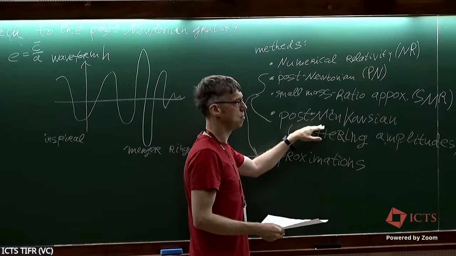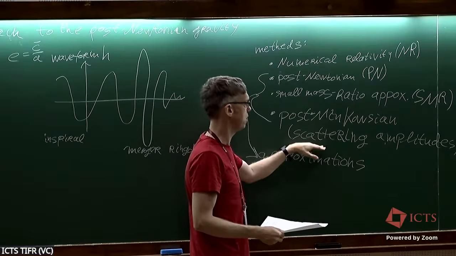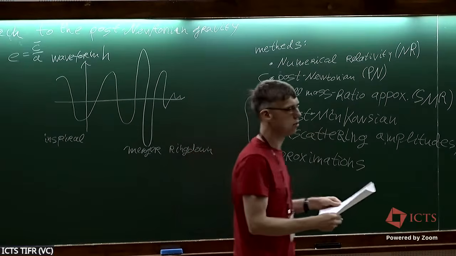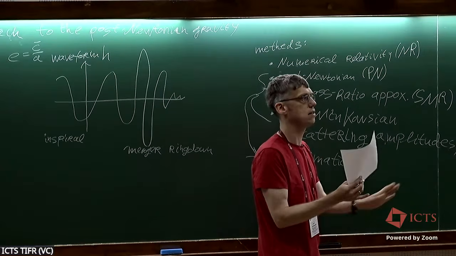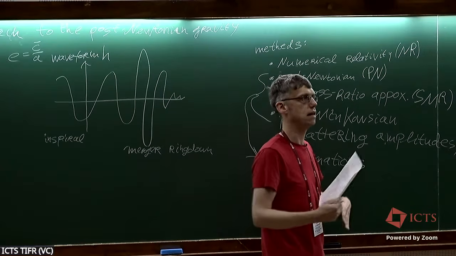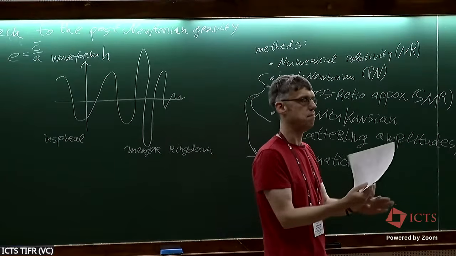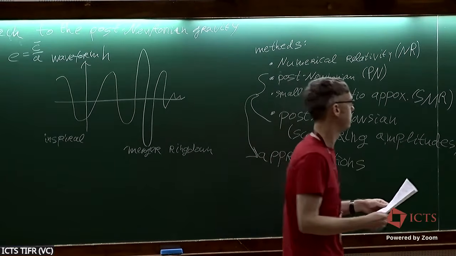But there usually one applies this post-Minkowskian approximation, because it is just a weak field approximation. So you can apply it to scattering, but at arbitrarily large impact velocity or impact energy.